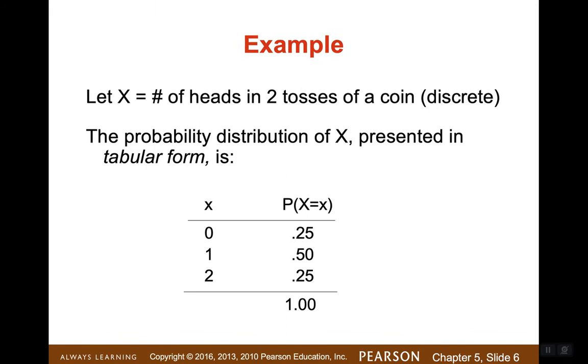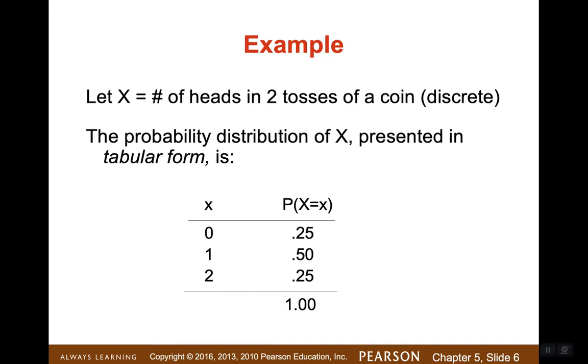A good example of discrete is tosses of a coin. There's no measurement involved. You simply toss a coin, it's an event. So we'll say x is equal to the number of heads in two tosses of a coin. We have all of our outcomes, which is x, and then a probability distribution associated with the occurrences.